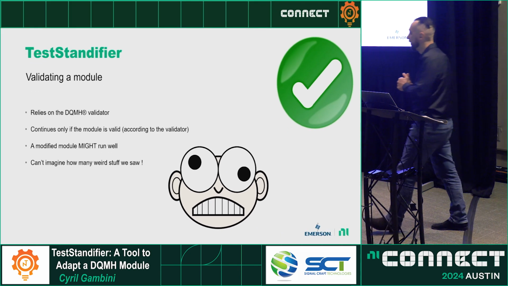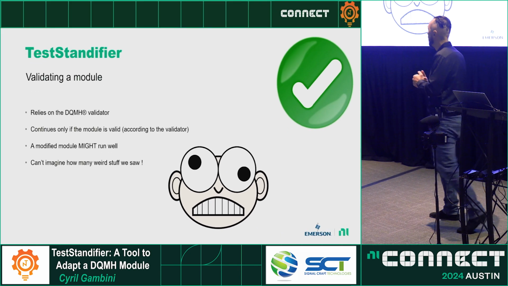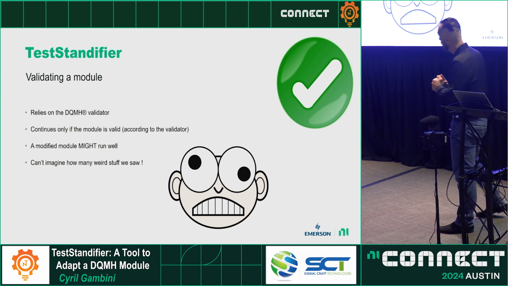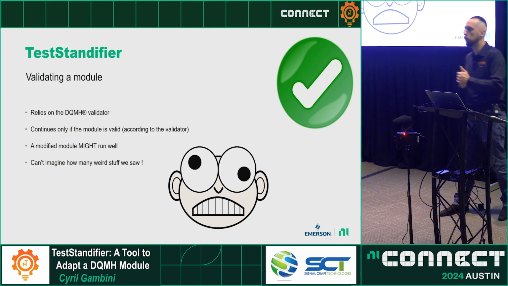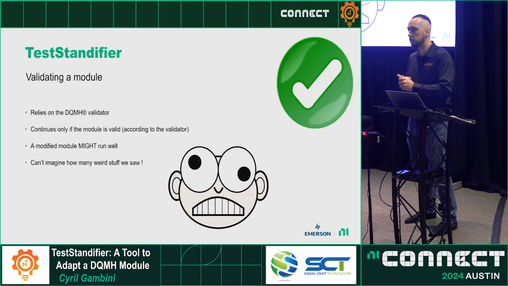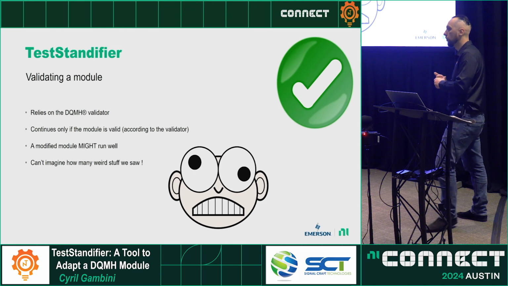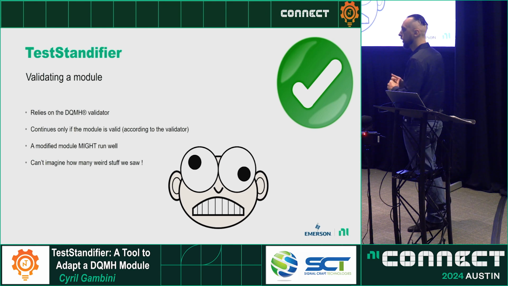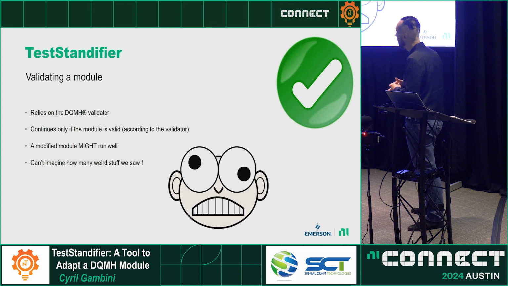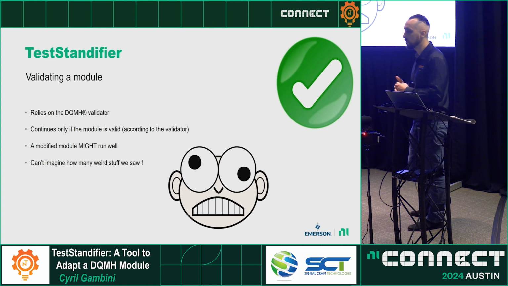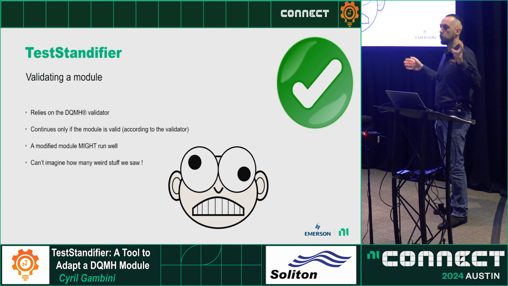In the TestStandifier, the first thing we do is validate a module. To do this, we rely on the DQMH validator. I don't know if the DQMH users here know about the validator, but it is a tool you can trigger from the DQMH menu that will scan a module and ensure that everything in your module complies with the DQMH paradigm.